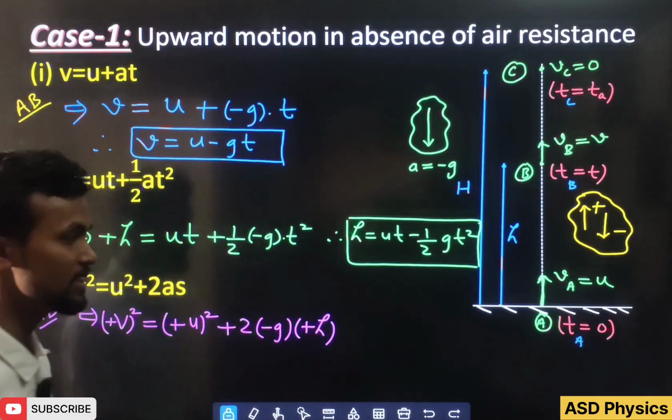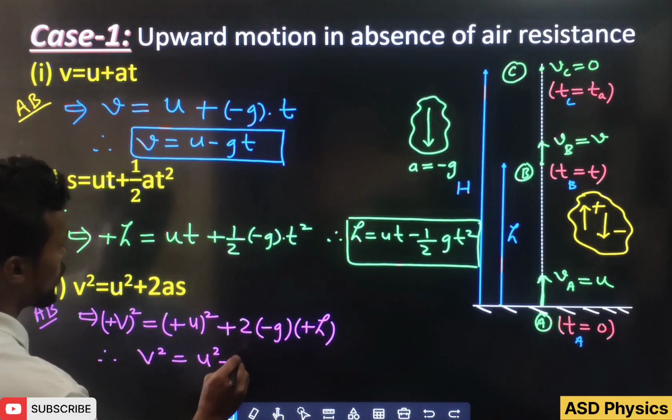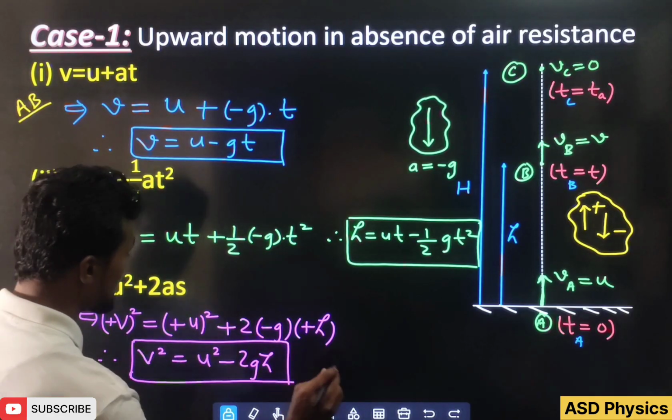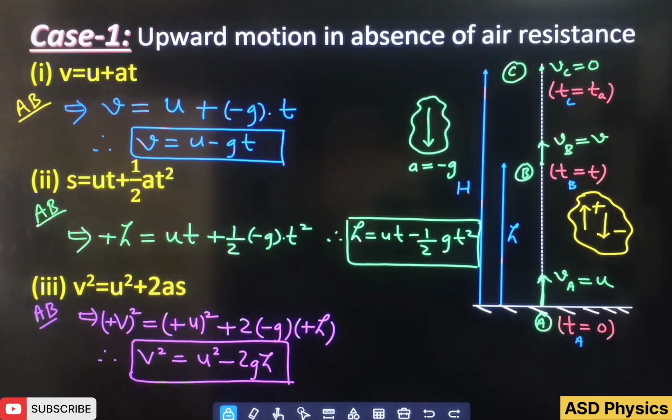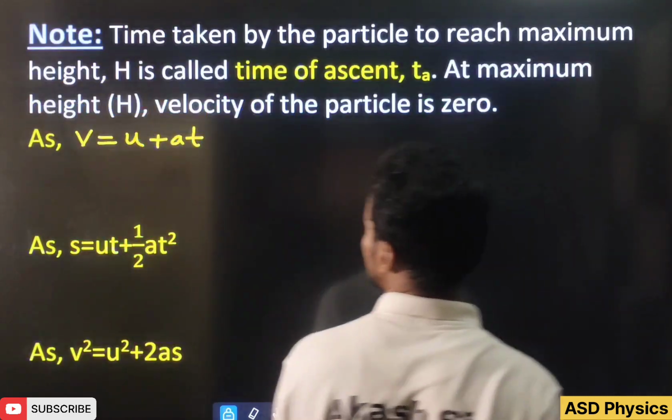Very basic. That means v square equal to u square minus 2gh. Basics should be clear regarding the sign convention, then only we can solve the question in a very easy and simple way. Great.